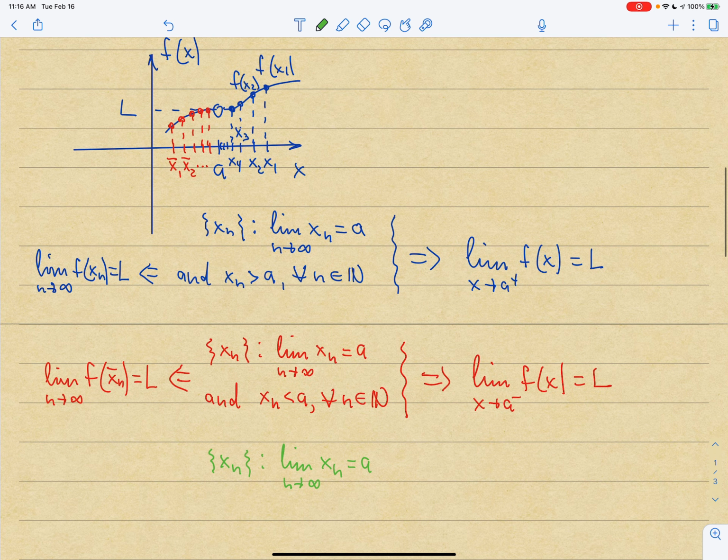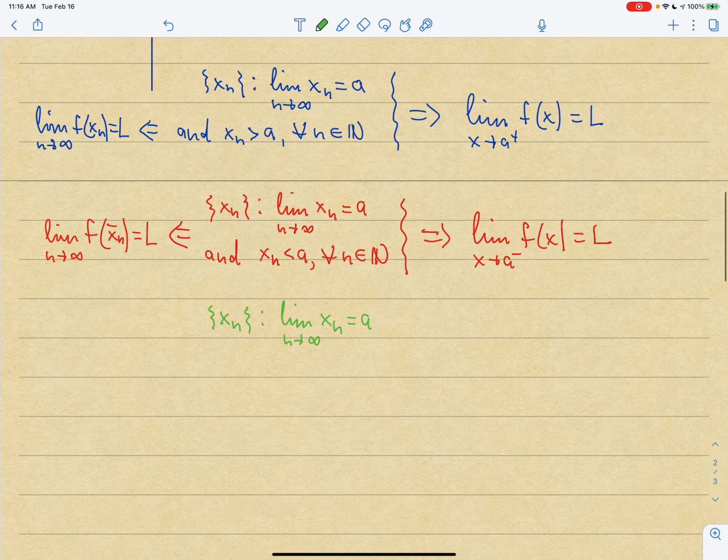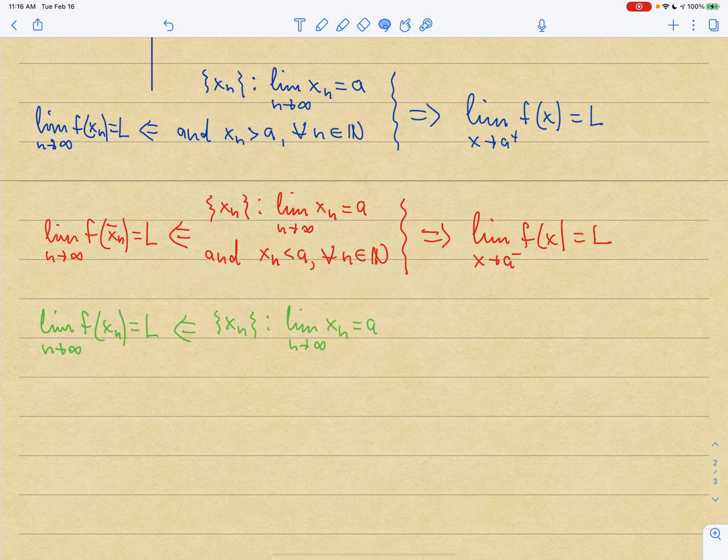As long as xn converges to A, from the picture it's clear that the limit as n goes to infinity of f of xn is still equal to L. What does that mean? It means that the limit as x goes to A of f of x is equal to L.